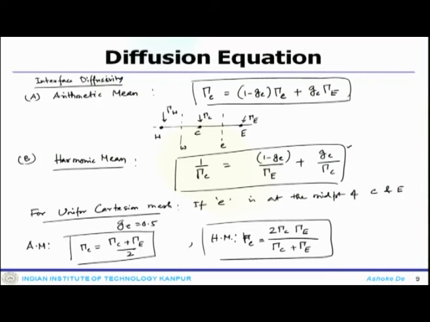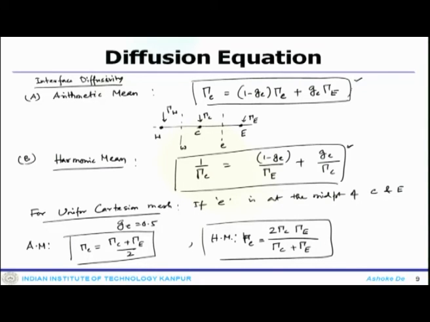At that time one can adopt either of these two approaches, either arithmetic mean or harmonic mean. Both of them should yield similar results, but that being said, harmonic mean has some advantage over arithmetic mean. Alternatively one can say when the harmonic mean is more preferred over arithmetic mean is the following.